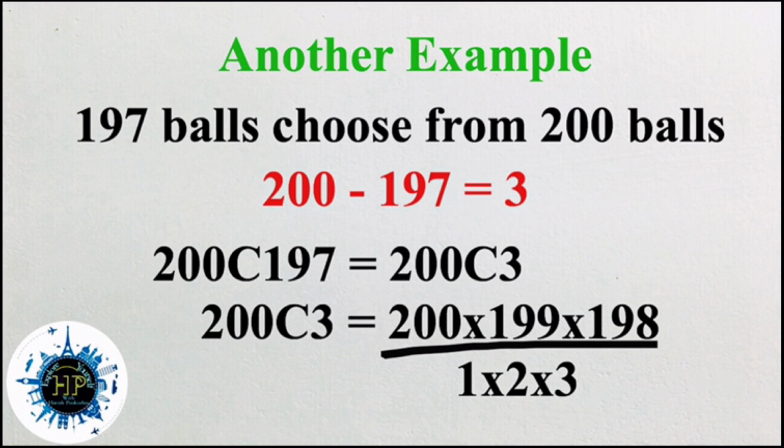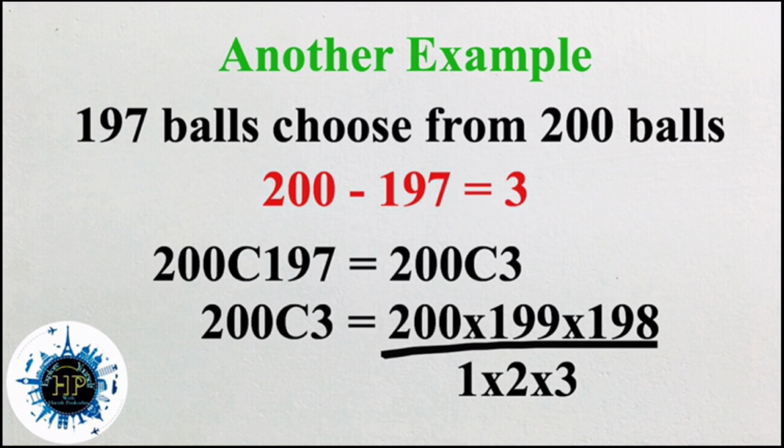We subtract the two figures, that is 200 minus 197. We got 3. Now the formula is like this: 200C3, and we can easily find the solution for this. That is 200 into 199 into 198 divided by 1 into 2 into 3.